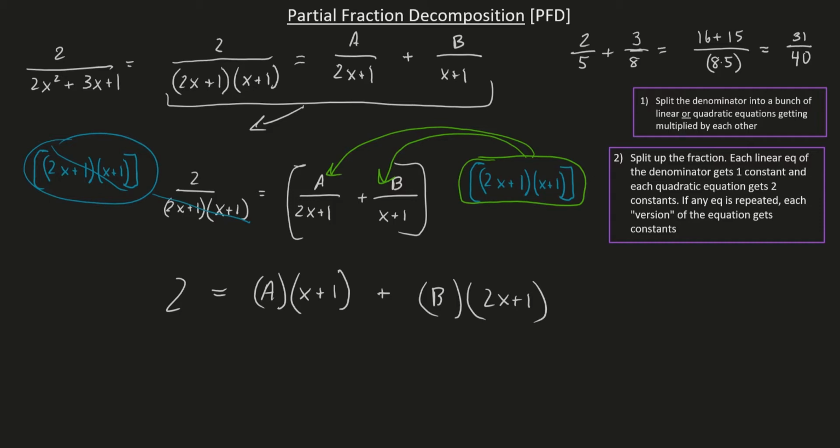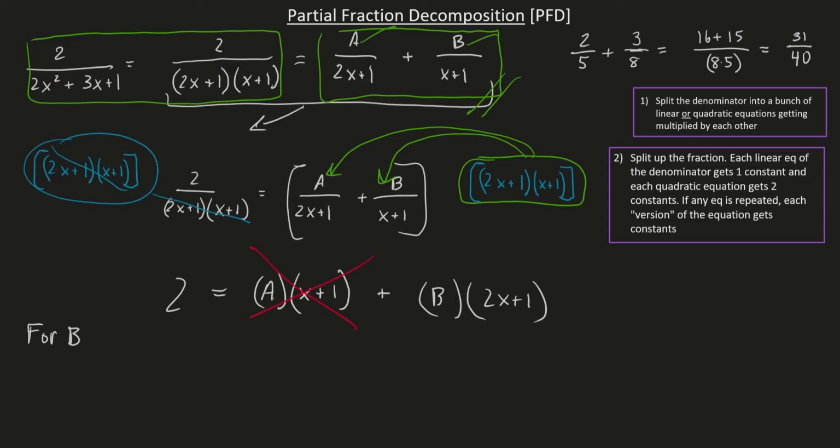So now I have to figure out what a and b are. If you think about it, we've actually already split up our problem. Our big, disgusting fraction is just not completed yet. We've really got to figure out the values of these constants so we can complete this splitting up process. So if I wanted to figure out what b is, I would plug in a specific targeted value of x that would eliminate a and just leave b.